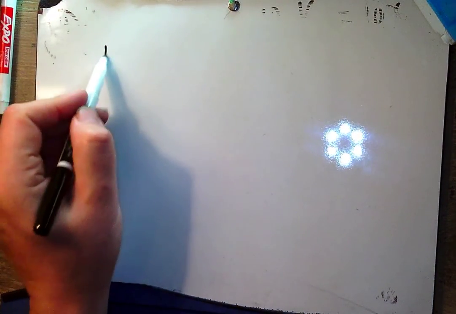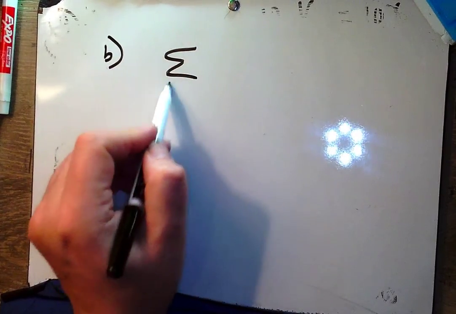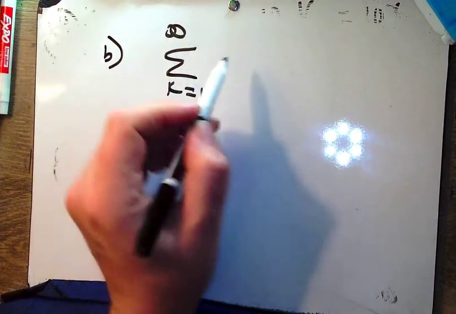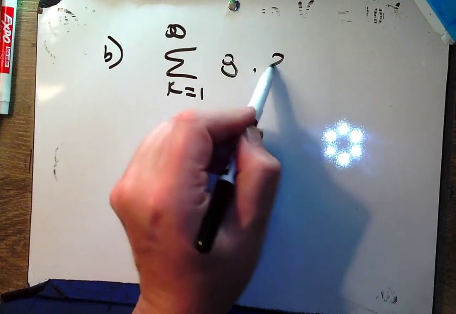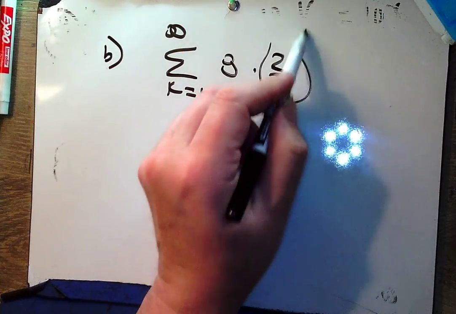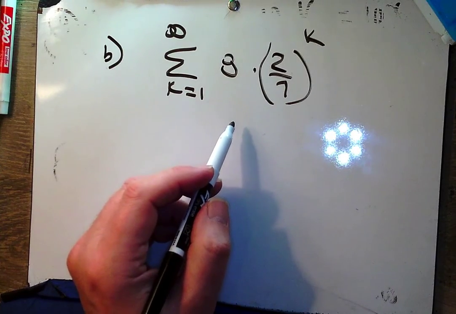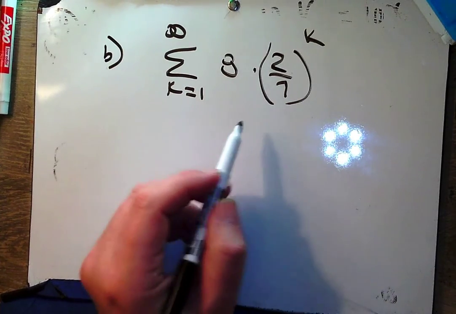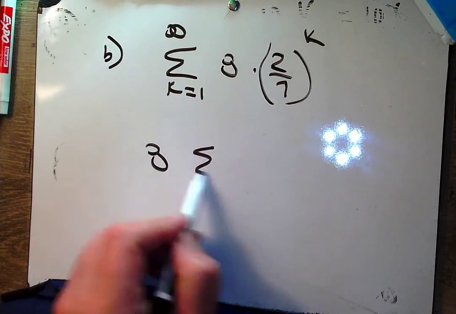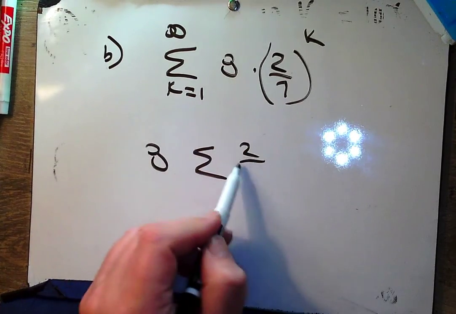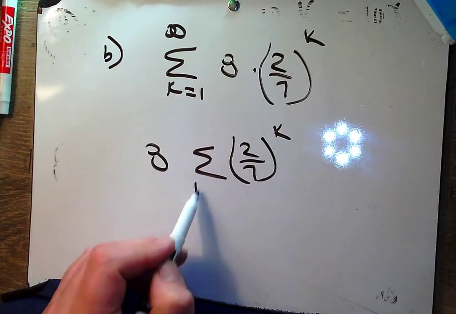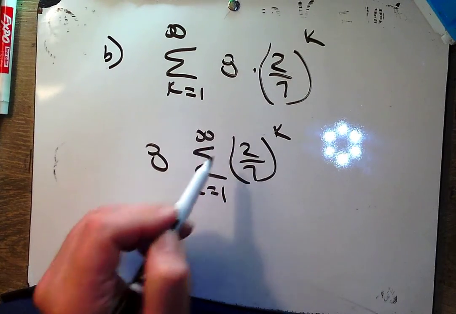Oh, we need to do b. b is also an infinite sum. K equals 1 to infinity of 8 times 2/7 to the k. Okay, so my initial amount, 2/7 to the k equals 1 to infinity.